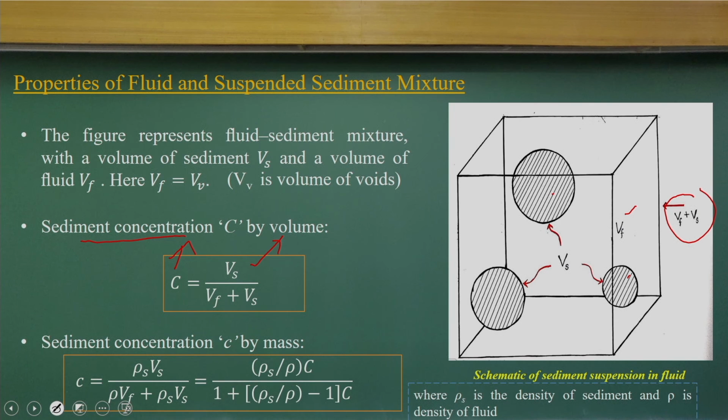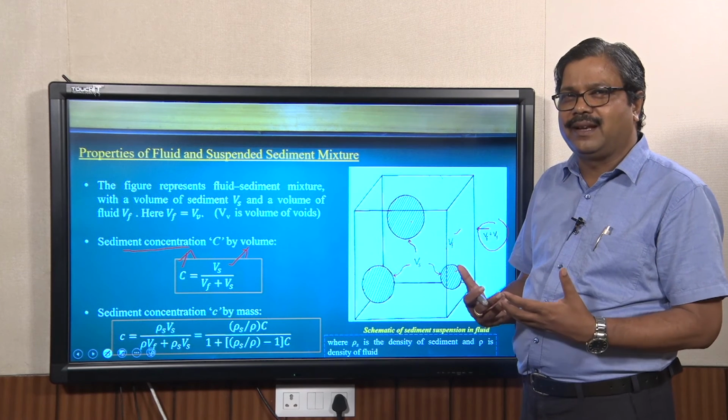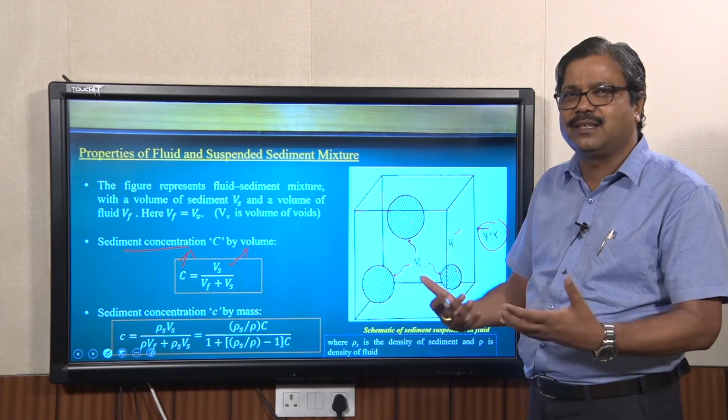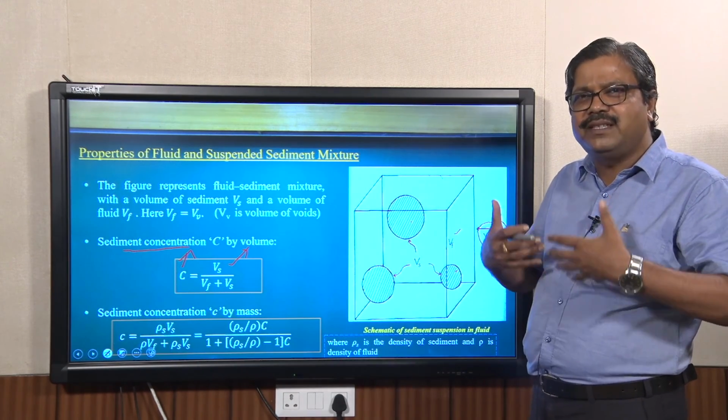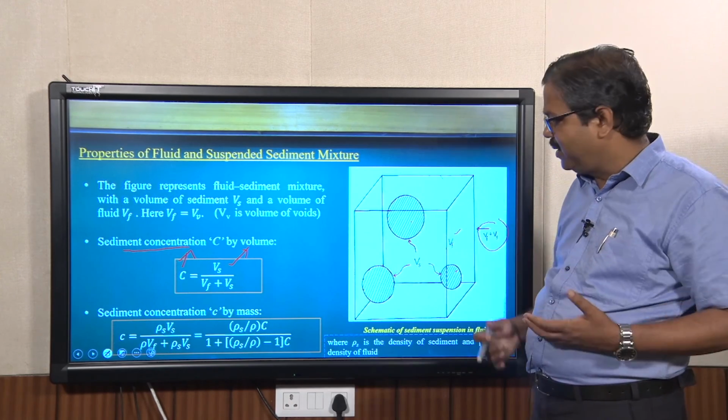That's very basic. Most of the time we are not doing the analysis at volumetric levels; we use mass conservation equations, momentum equations, and energy equations. So we are always linked with the mass, not with the volume.